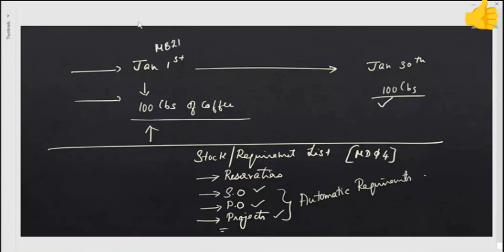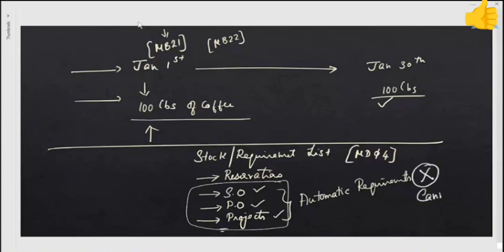This is how you create a manual reservation. Anything that you create here in MB21, of course, can be changed in MB22 because it's a reservation that was created manually. So these automatic reservations that come in the form of requirements from these upstream orders cannot be changed.